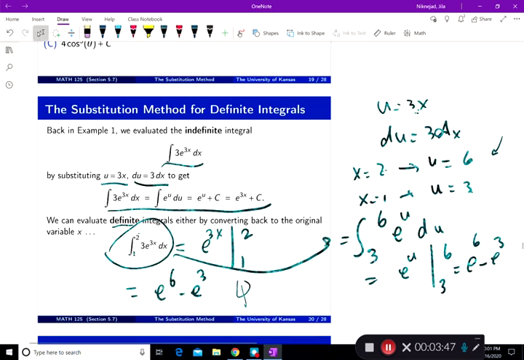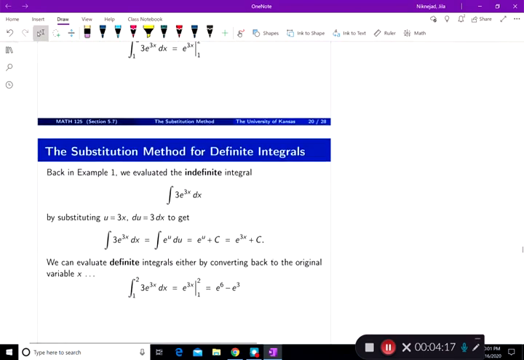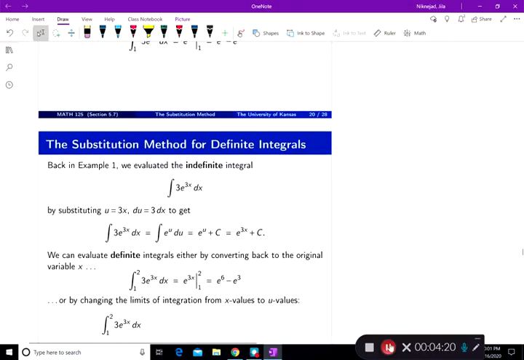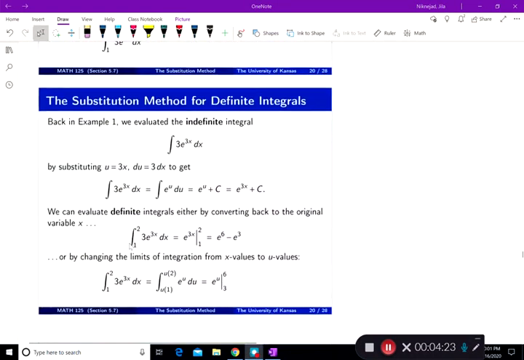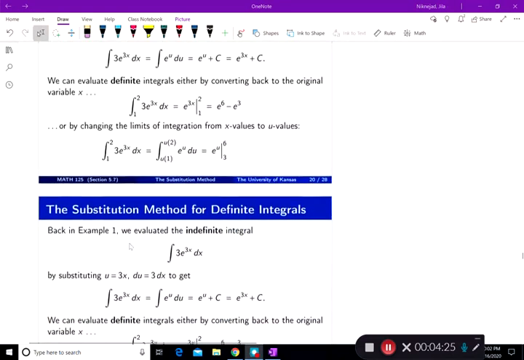But you want to learn both methods, even though either method would work in any examples that we do for a long time. You just want to make sure that you know both methods, because eventually at some point you see that one makes your life a lot less complicated than the other one. And so that's that. Let's go to the next example.